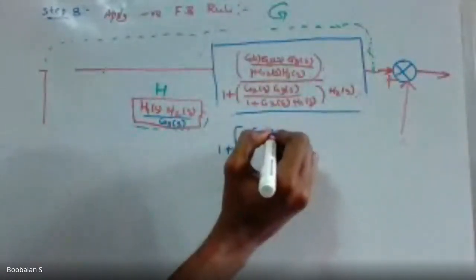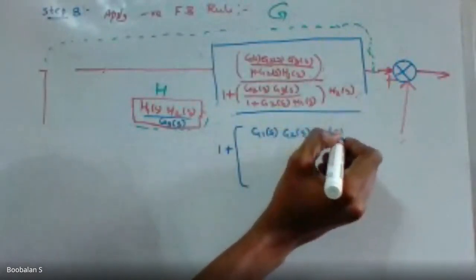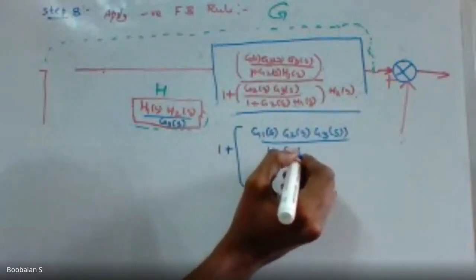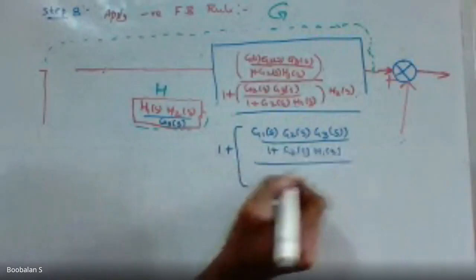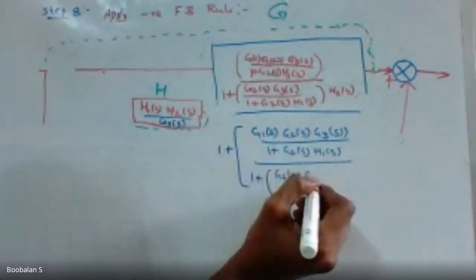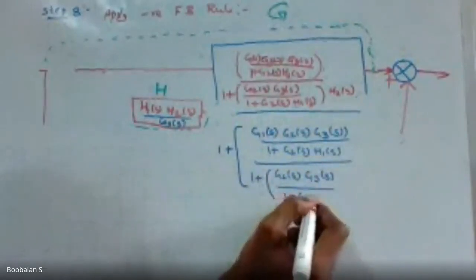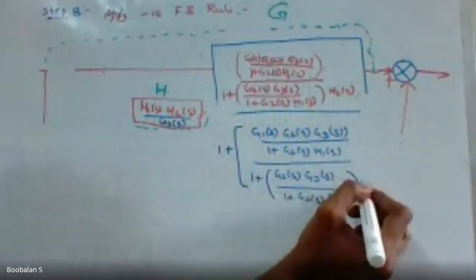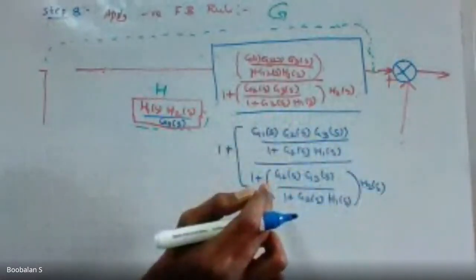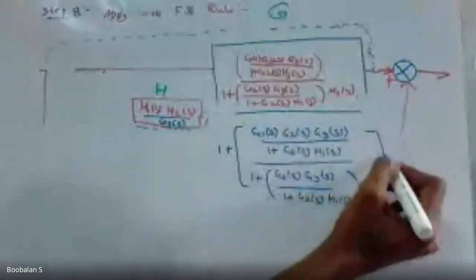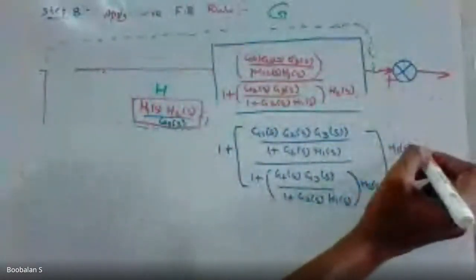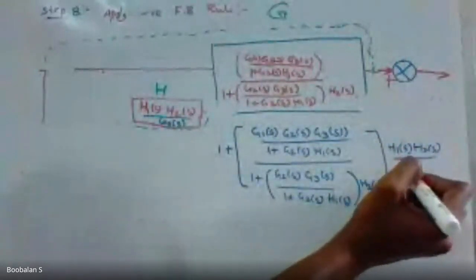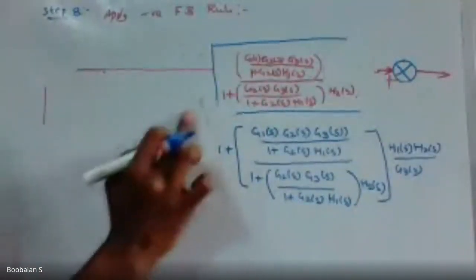Once again, I need to repeat the same term because this is what my now G. Now G1 of S, G2 of S, G3 of S divided by 1 plus G2 of S, H1 of S, total divided by 1 plus G2 of S, G3 of S, 1 plus G2 of S, H1 of S into H2 of S. G divided by 1 plus G into H. This is what my H: H1 of S, H2 of S divided by G3 of S. So this is what my new bigger block, right? It's big block.